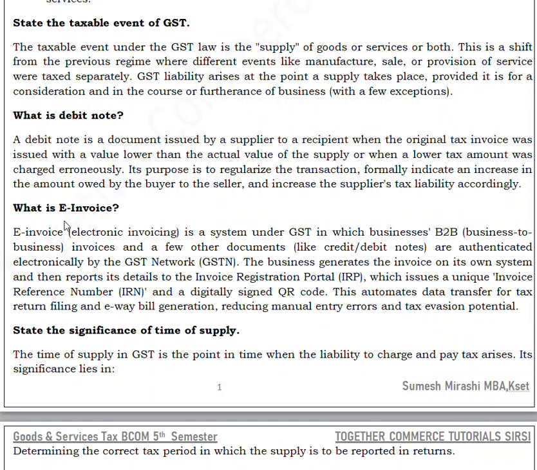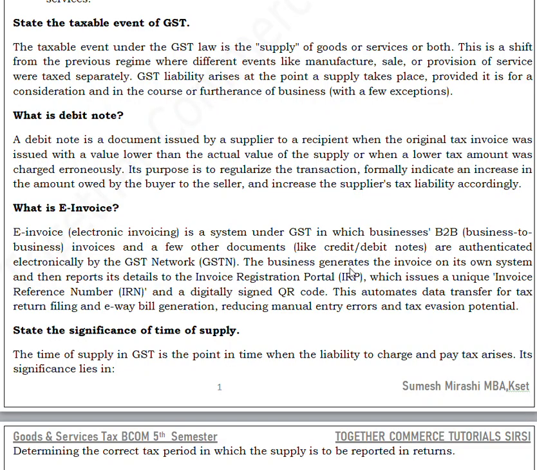Next question. What is e-invoice? E-invoice or electronic invoicing is a system under GST in which businesses' B2B, business to business, invoices and a few other documents like credit and debit notes are authenticated electronically by the GST network, that is GSTN.